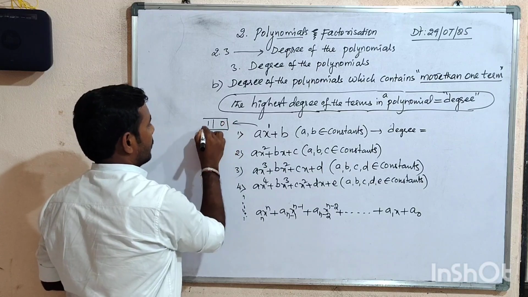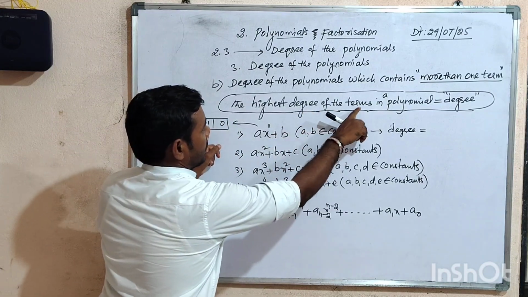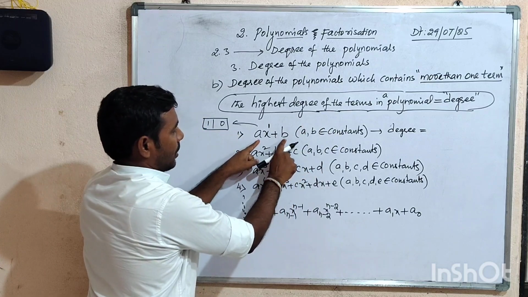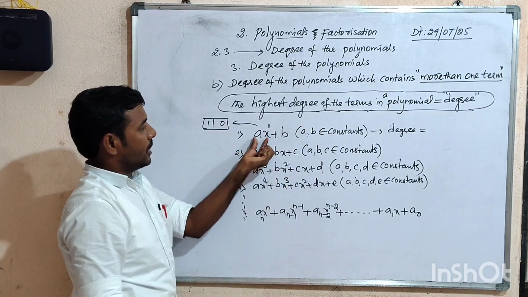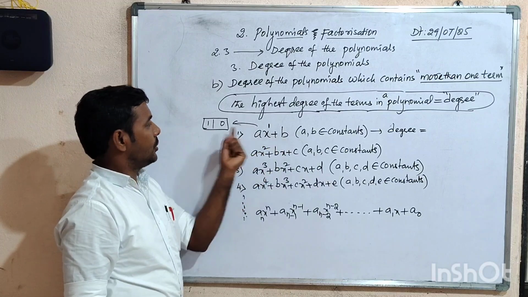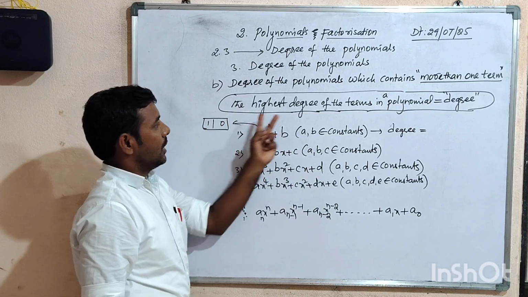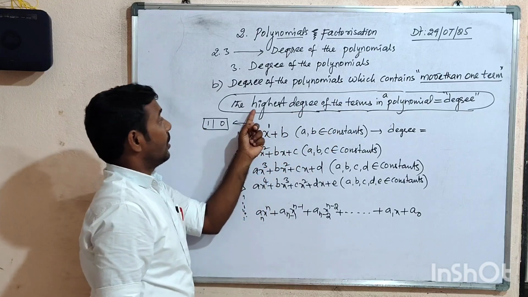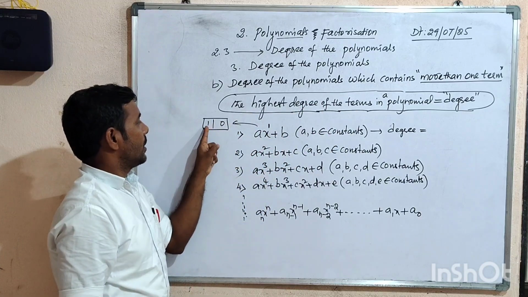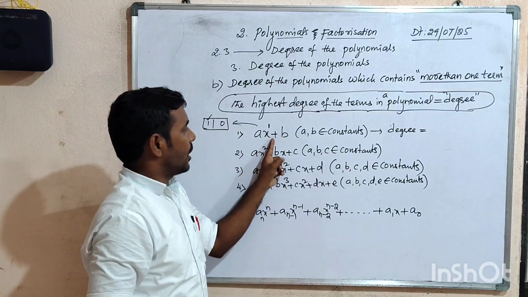Among these two, which is the highest figure? Two terms are there. Its degree is 1, its degree is 0. Among the two degrees, the highest figure is 1 only, no? This 1 is called the degree of this one.